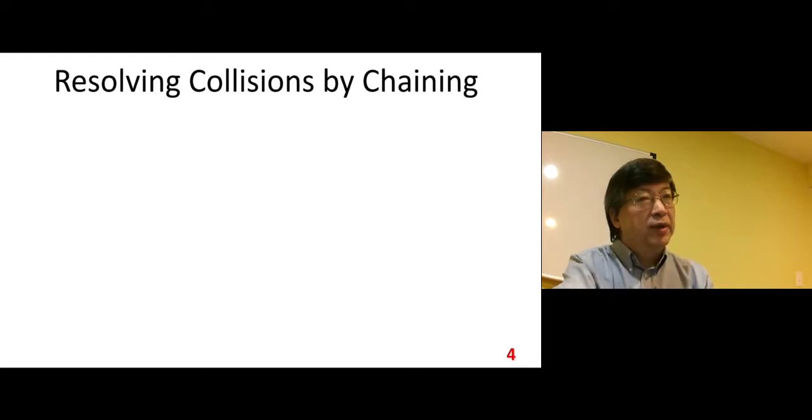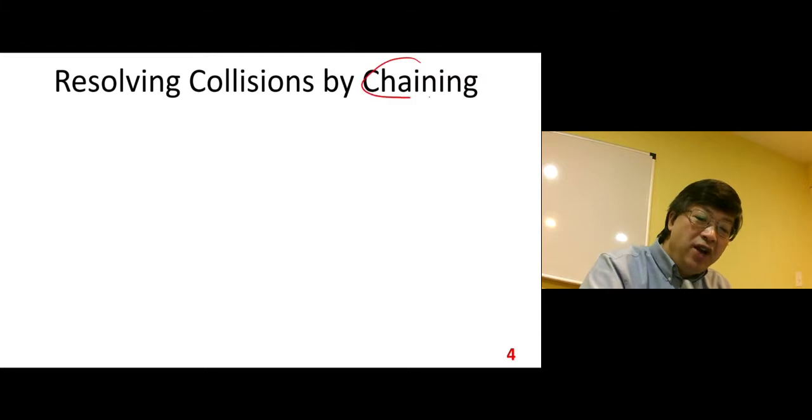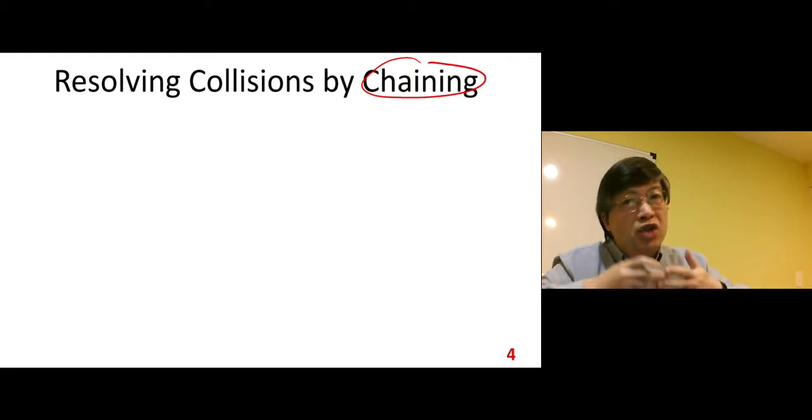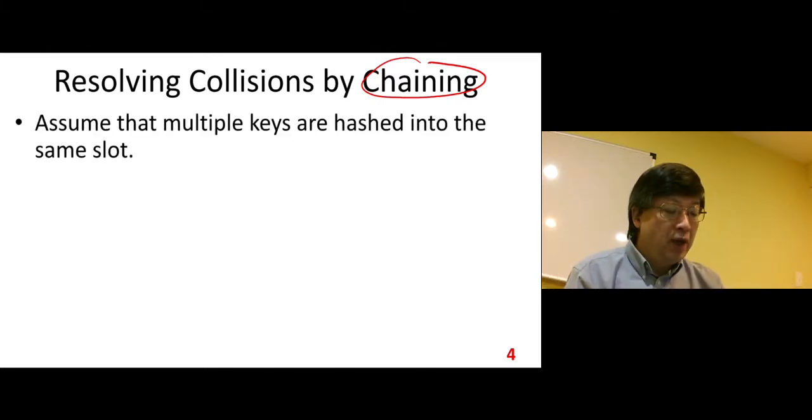Here, let me talk about the first method to solve the collision problem: resolving collisions by chaining. We use the chaining method. So you create a chain. When a collision happens, you put those keys, items, mapping to the same slot in the chain. That's the first idea. Assume that multiple keys are hashed into the same slot.